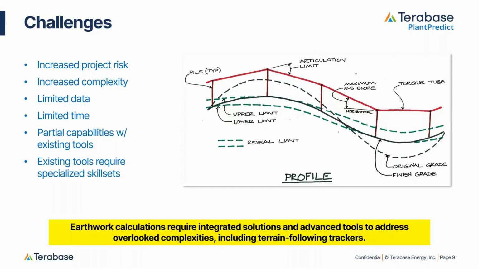They don't articulate in an unlimited fashion, and so the design of the profile in an optimal case is very tricky and requires a lot of iteration. And these sites are massive, right? So we're talking about a lot of profiles.